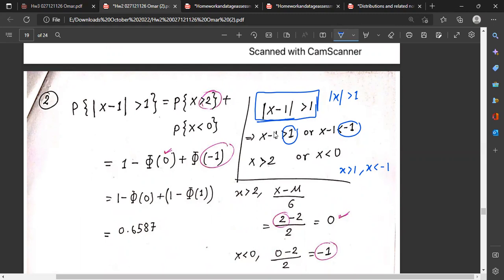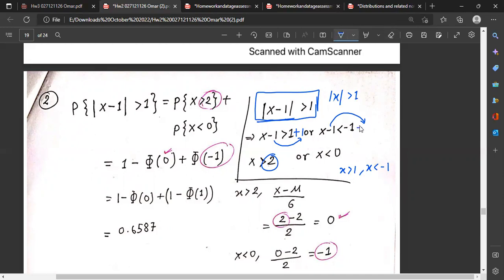So now if you just calculate the inequalities, we take minus 1 to the right side, so it becomes plus 1. So 1 plus 1, that is 2. X is greater than 2. And if I take plus 1 to the right side in the other inequality, then it will also become plus 1, right?